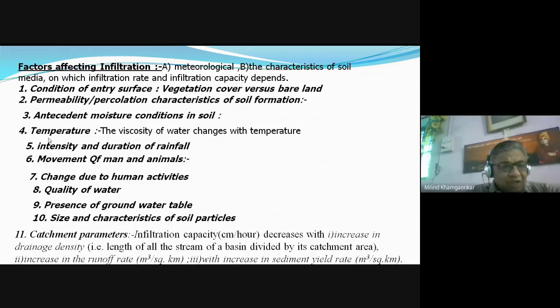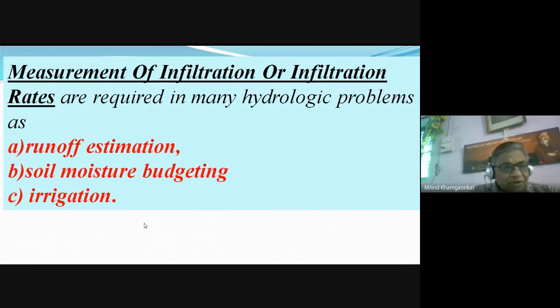All these are very important factors. The catchment parameters, where the catchment has a lot of depressions or storages, that also affects the infiltration.